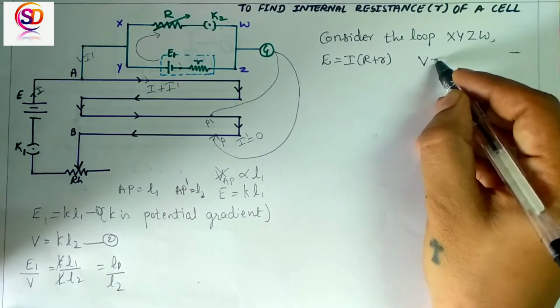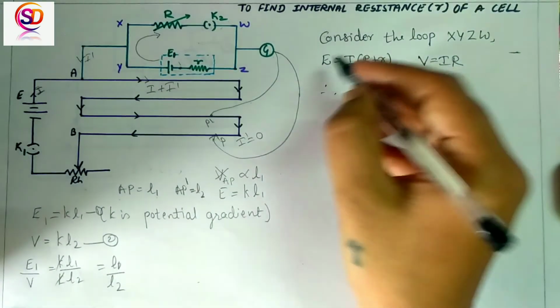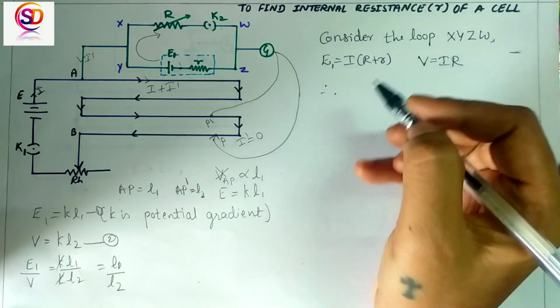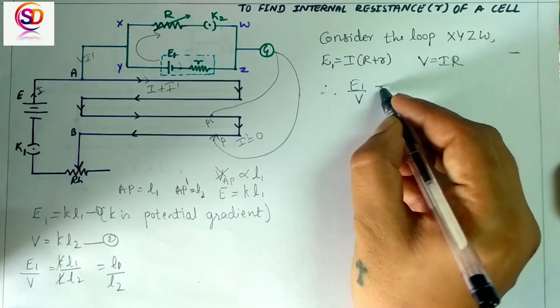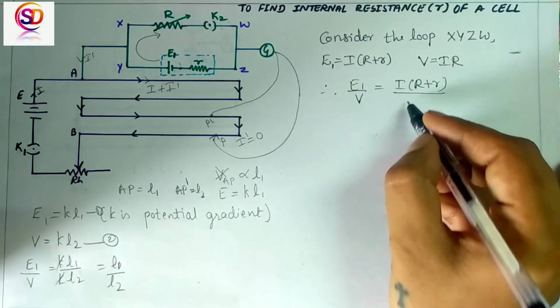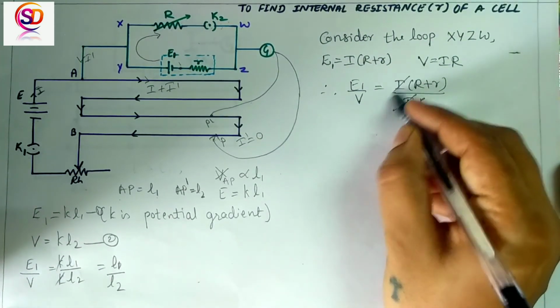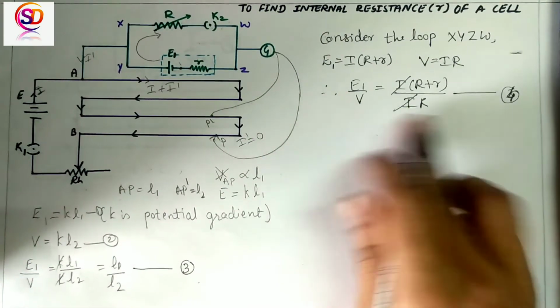And also by Ohm's law, V is equal to IR. Therefore, it is related with the E1. So if you divide E1 by V, you will get I into R plus r divided by IR. I gets cancelled. Call this equation 3 and call this equation 4.